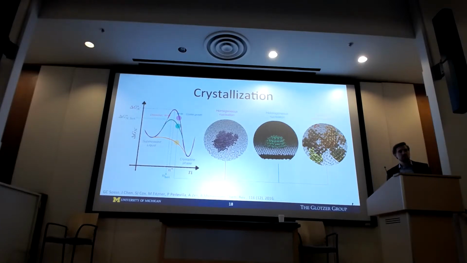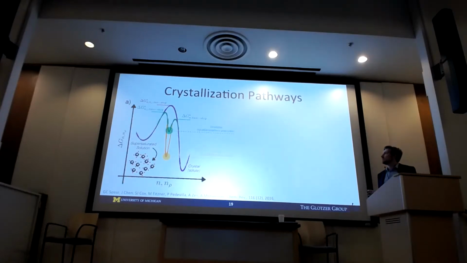One idea to explain why it happens a little more often than we think in this classical model is more complicated nucleation processes, such as two-step nucleation. The idea is that we have a solution of particles that are somewhat happy in their solution, but they would be much happier in the crystal.